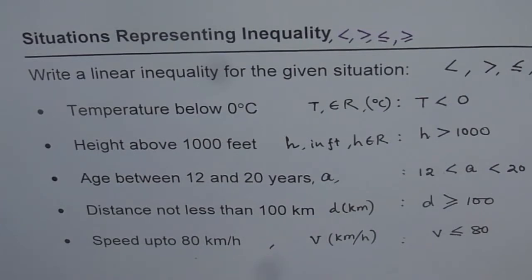That means the lower bounds, or what could be the minimum, which could be derived from the given situation, right? If this would have been a part of a word problem and we say distance not less than 100 kilometers, I should have written from 0 to 100, knowing fully well the distance is positive. In this case, speed up to 80 kilometers per hour, that means it is from 0 to 80, right? But we are not writing it yet because the whole picture is not clear to us.